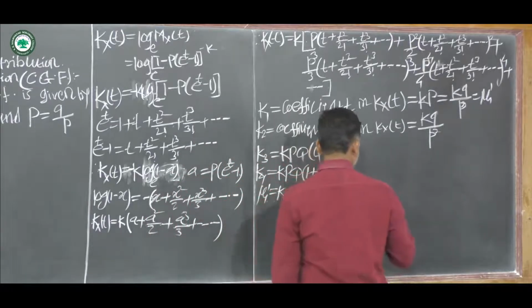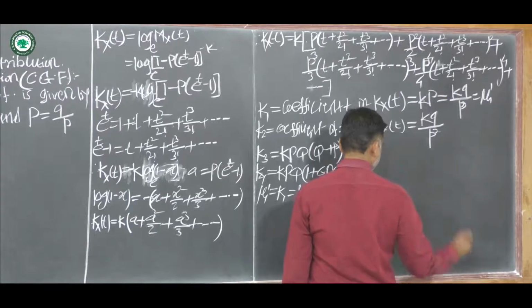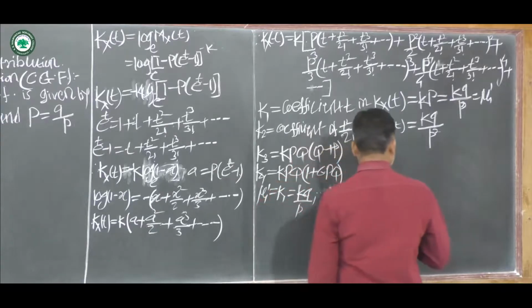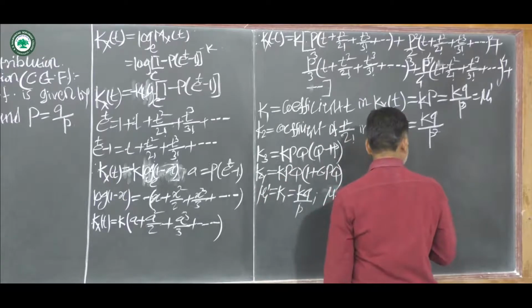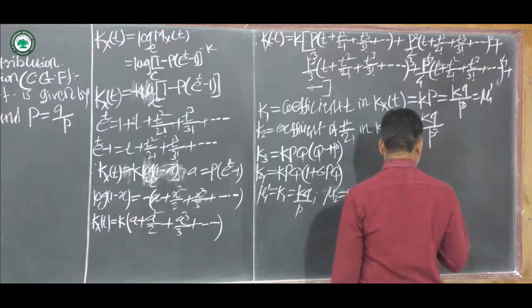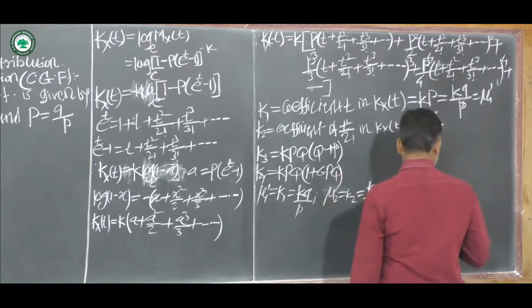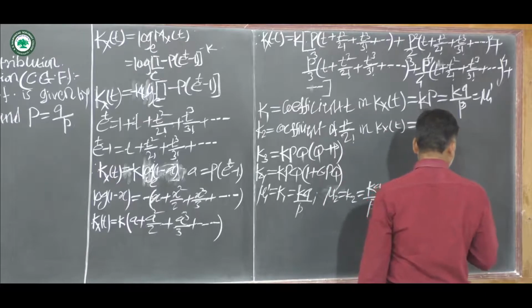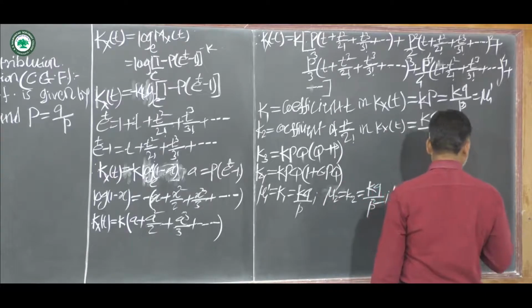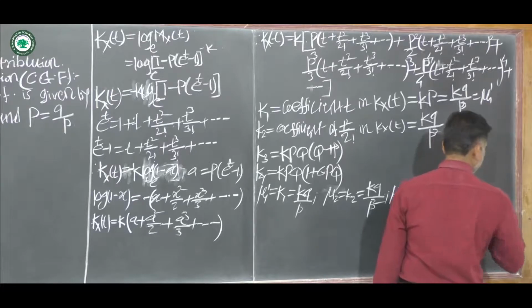Mu2 is equal to k2, which is equal to kq upon p square, and mu3, the third order central moment, is equal to k3, which is equal to kpq into bracket q plus p.